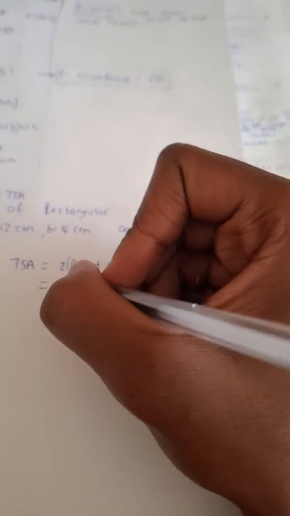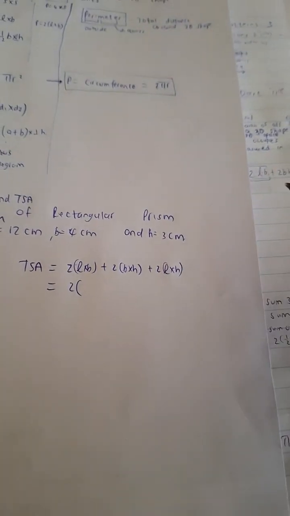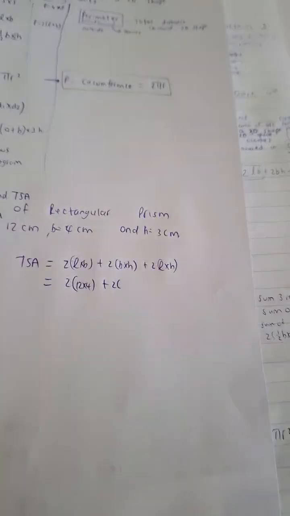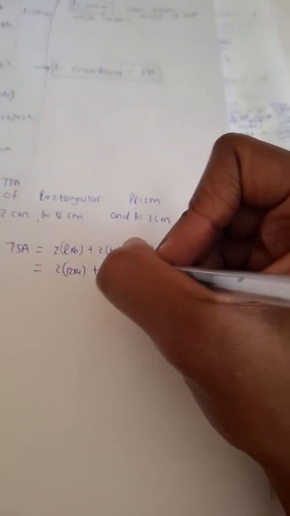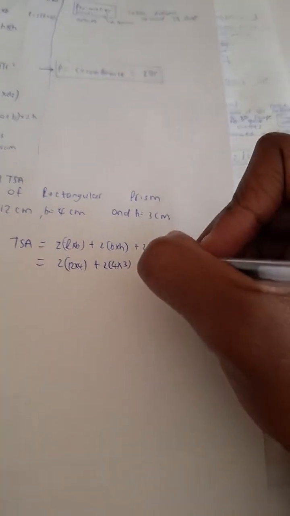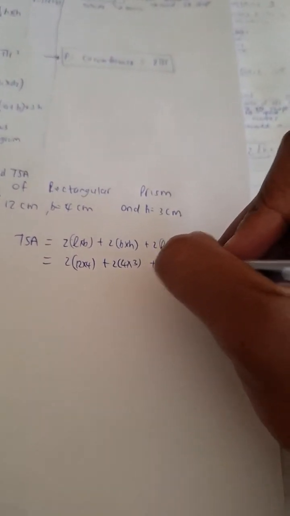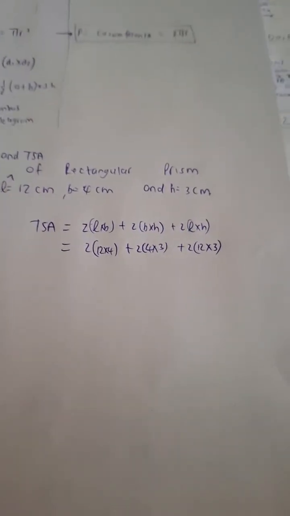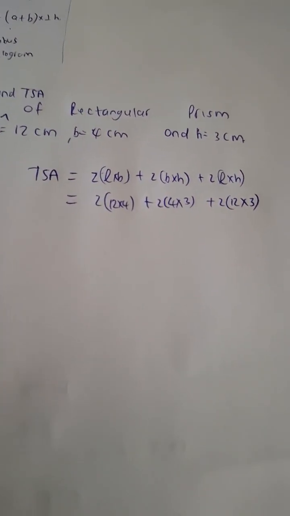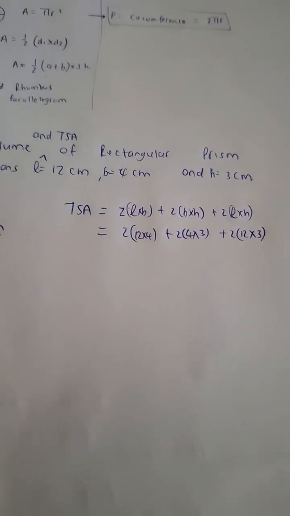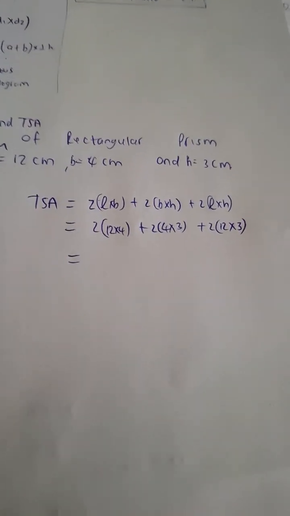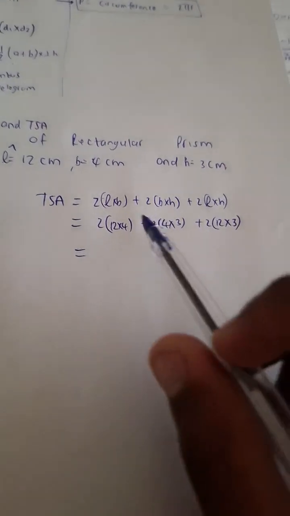Then it's easy, we just do the substitution. Length times breadth, so it's 12 times 4, plus 2 into b times h, so that's 4 times 3, plus 2 into l times h, which is 12 times 3. Then from there we can just punch all of this into the calculator and get the final answer.